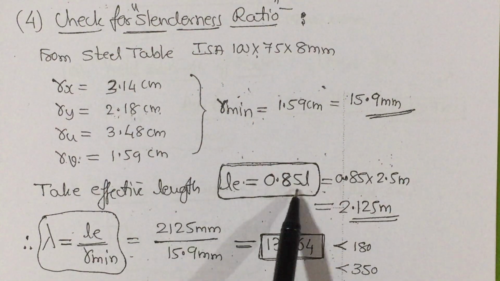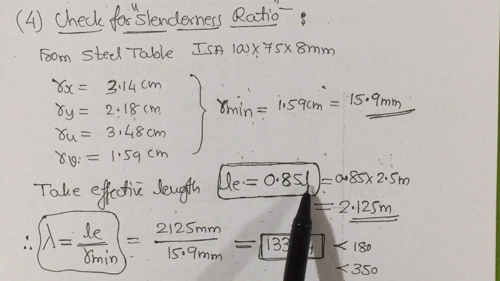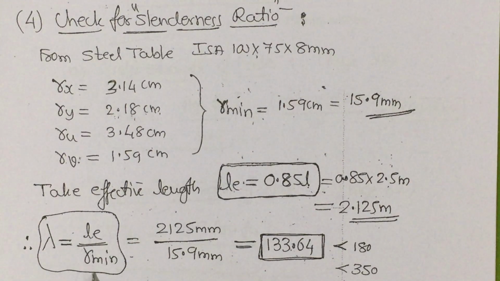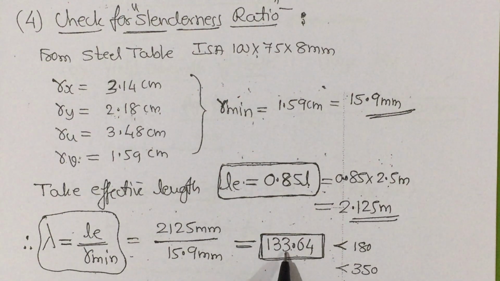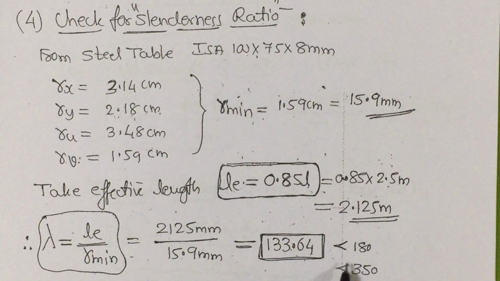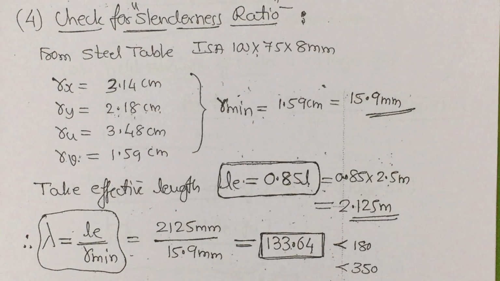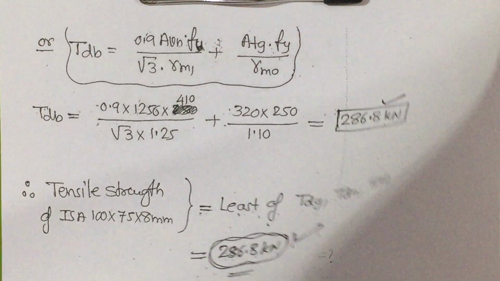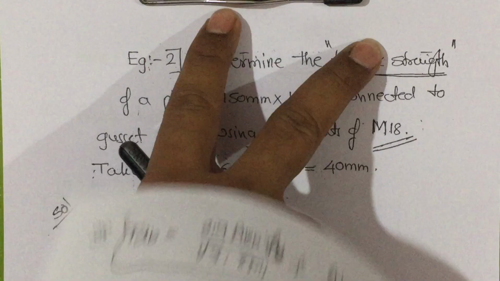Then effective length Le is equal to 0.85 into L, L is given as 2.5 meter. Therefore, lambda is equal to Le by r minimum. You are going to get 133.64. It is less than 180 and less than 350. Therefore, it is safe. That is all for this numerical problem. Then, let us look into more examples.